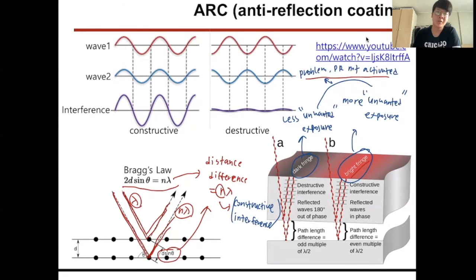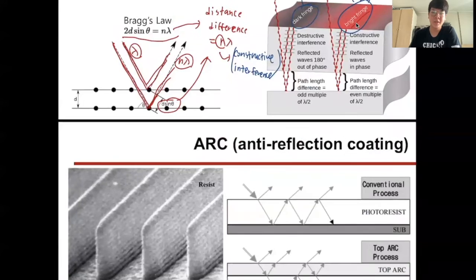So it makes the photoresist not activated, which can affect the resolution.